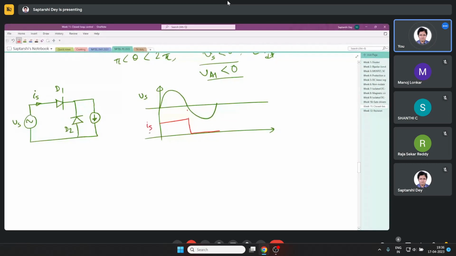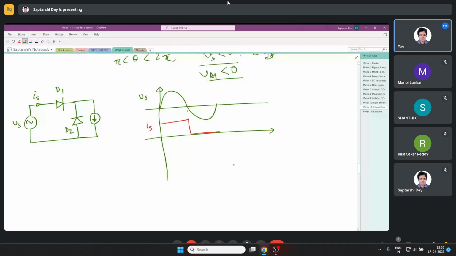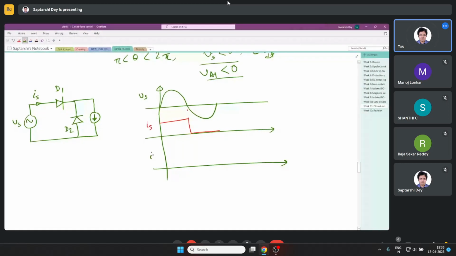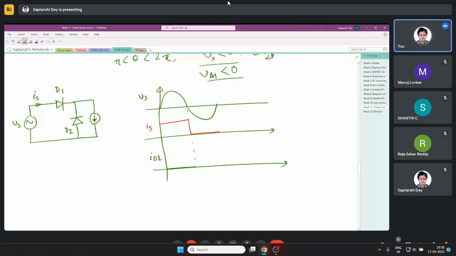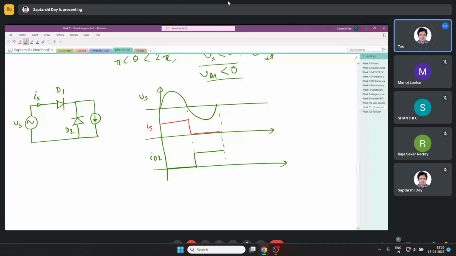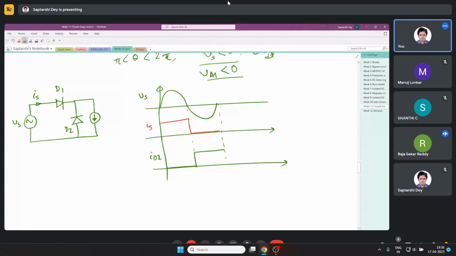This is IS. So IS is nothing but ID1, and if you consider ID2, it is like this. Yes, this is the case if we do not have the inductor.